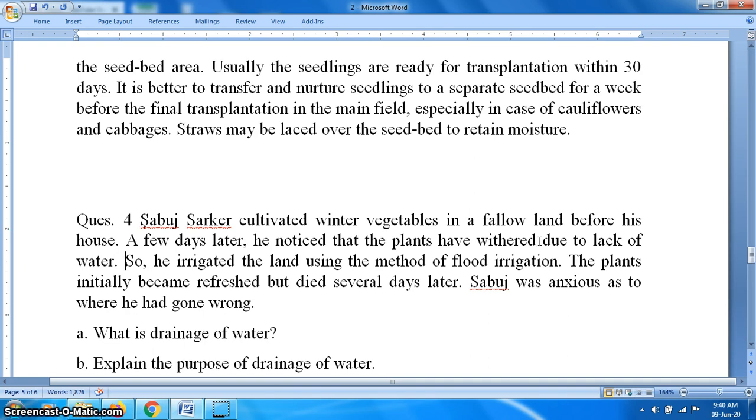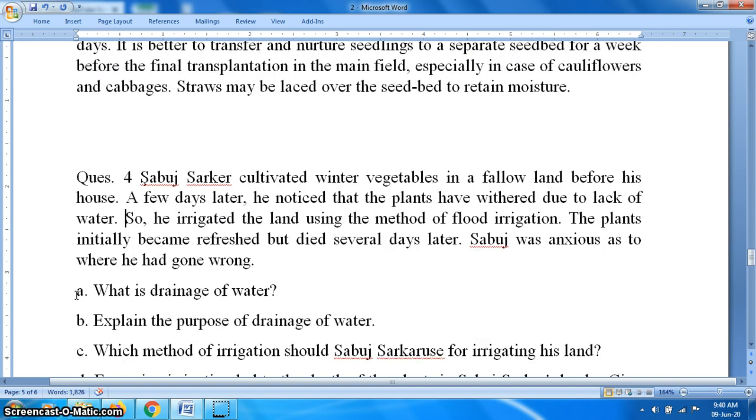Withered means dried. So, he irrigated the land using the method of flood irrigation. The plants initially became refreshed but died several days later. Shobuj was anxious as to where he had gone wrong.